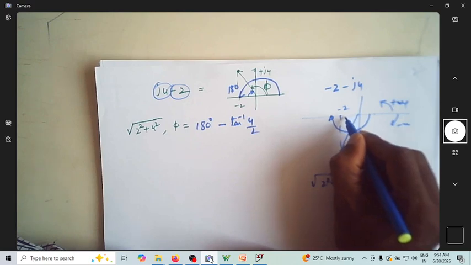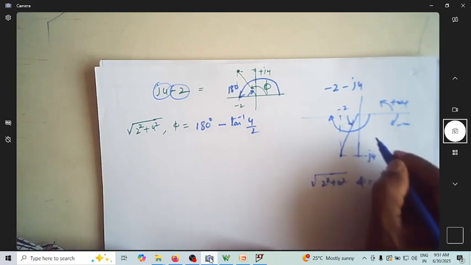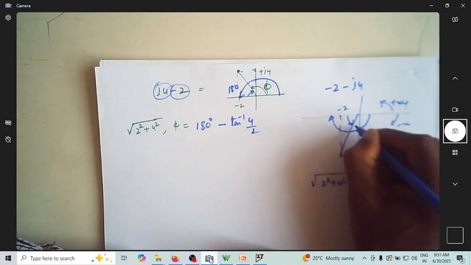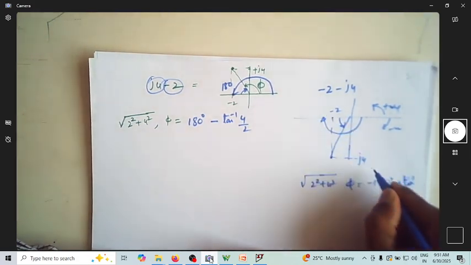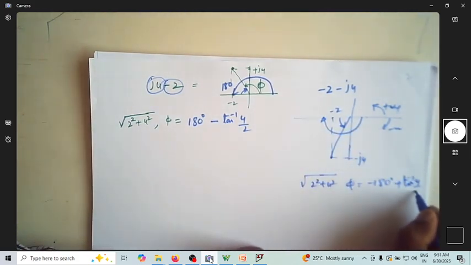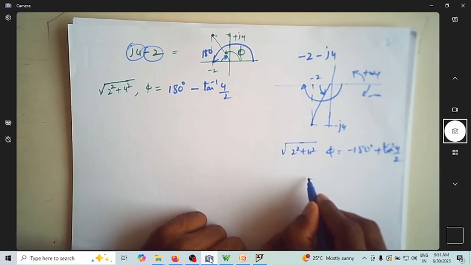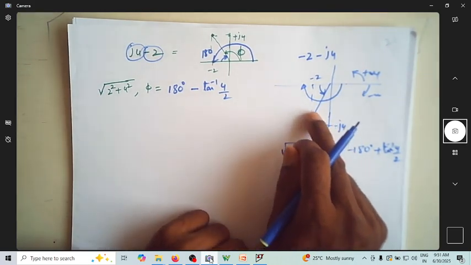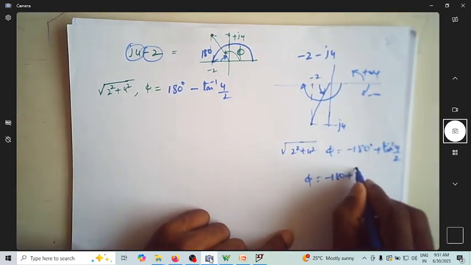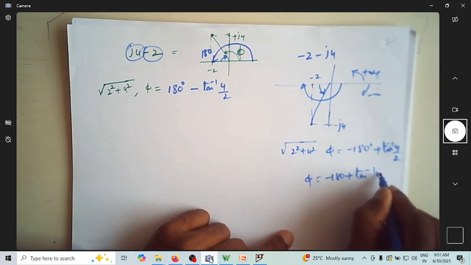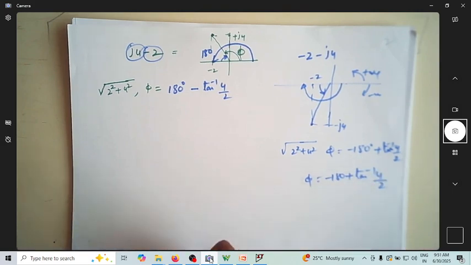I want to know this angle, so it is minus 180 degrees plus this phi. This phi is tan inverse of opposite over adjacent. The opposite is 4, the adjacent is 2. So the phase for minus 2 minus j4 is minus 180 degrees plus tan inverse of 4 by 2.